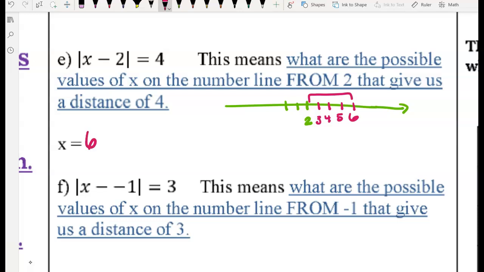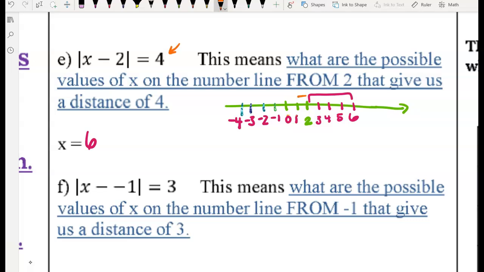So x can be 6, but it can be the other way as well. So 1 here, 2 here, 3, 4, 5, 6. So if we label this, this is 2, this is 1, this is 0, this is -1, -2, -3, and -4. So we want the total distance to be 4 from 2.